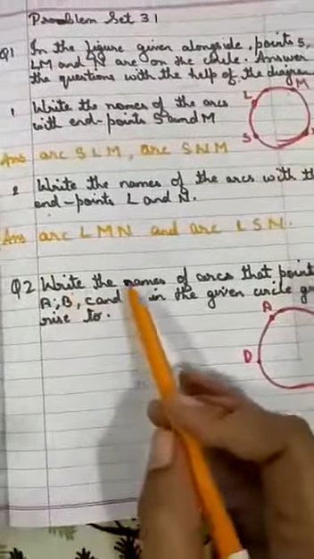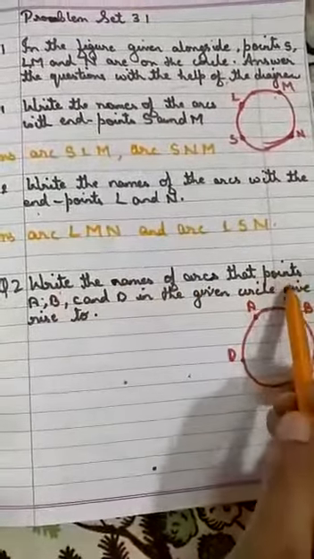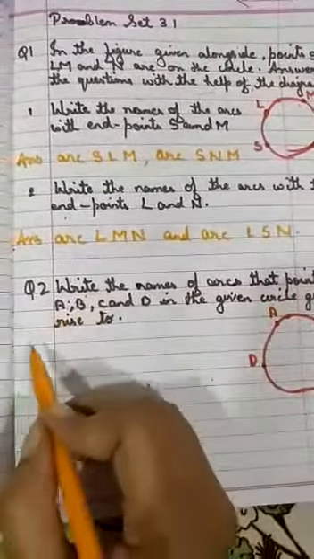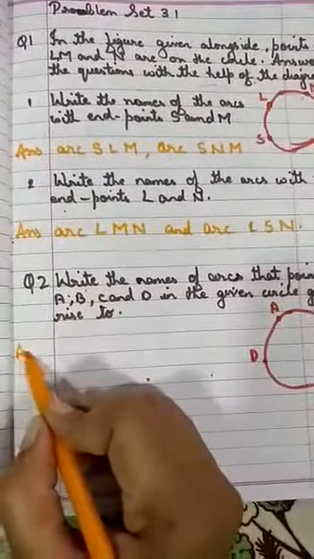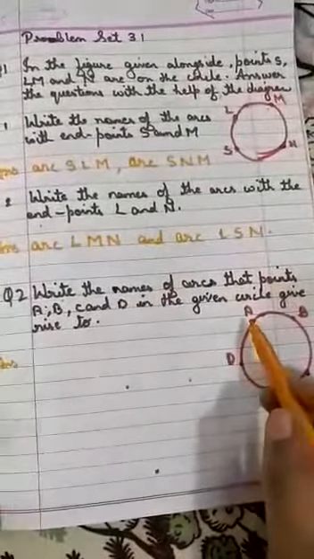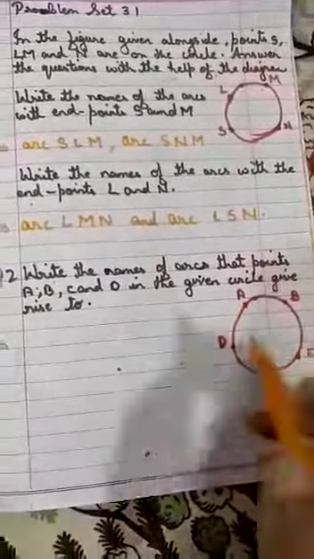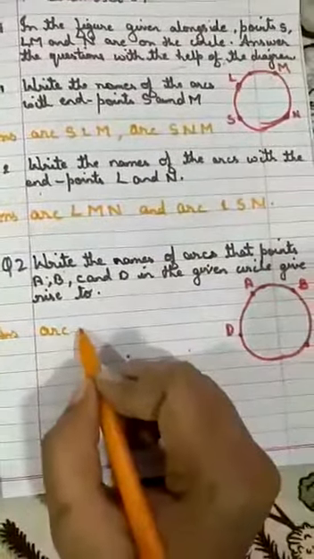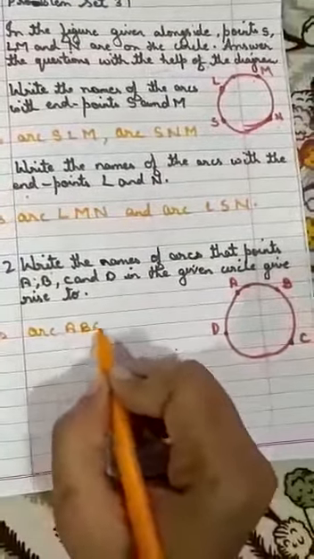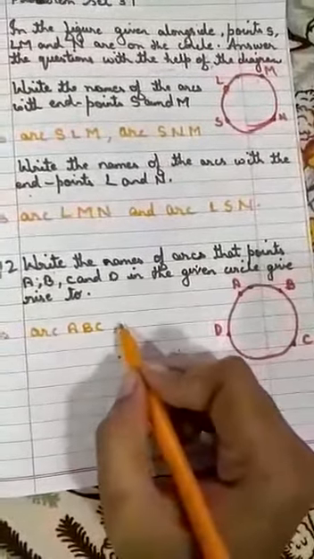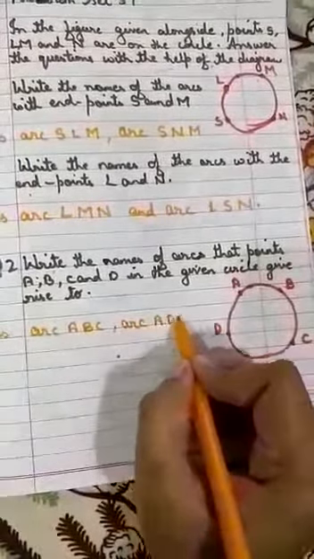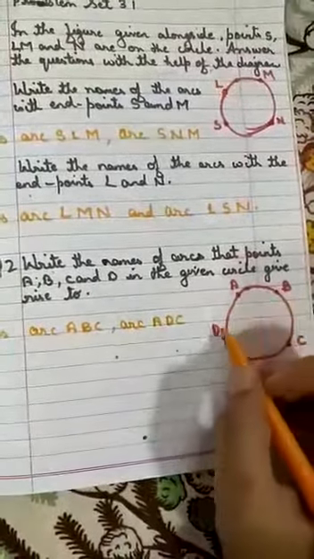Question number 2. Write the names of the arcs that points A, B, C and D in the given circle give rise to. So how we have done the first, we'll do here. So first we'll take the endpoints as A and C. So we'll get arc ABC, arc ADC.